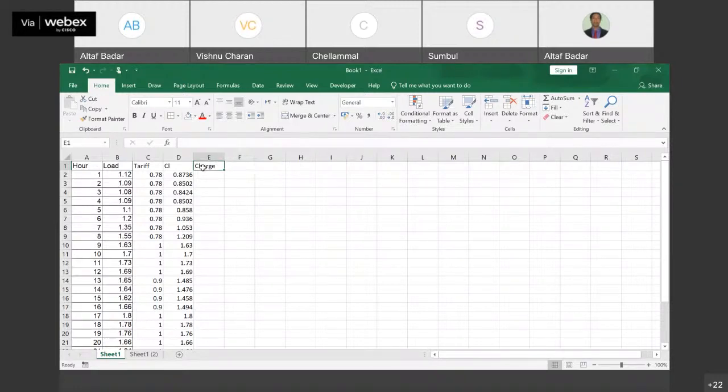What I thought the calculation should be, because in Excel I haven't prepared it for the class, but I just created it now.